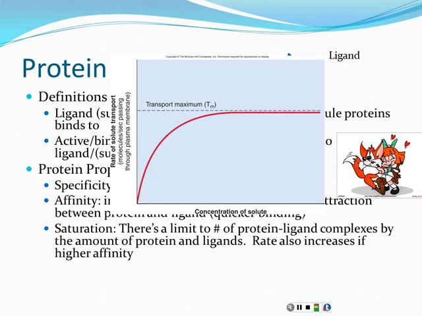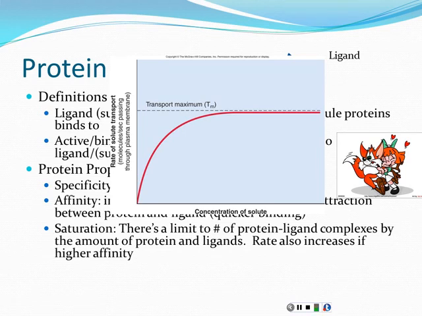All the way until we have 50 ligands with 50 proteins. Now all of them are occupied. If we put another 10 into it, so we have 60 ligands, but we only have 50 proteins, at this point in time, those 10 extra ligands won't interact with any more proteins anymore. And so that's where we meet our maximum, our saturation point.